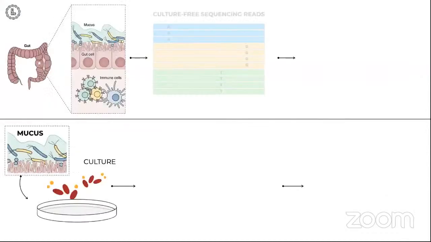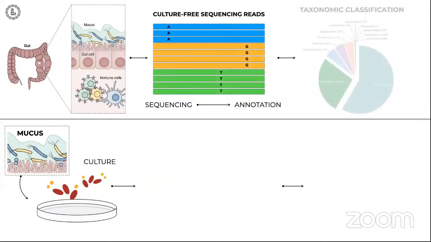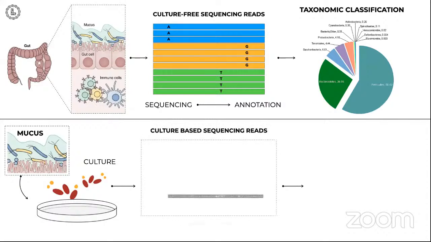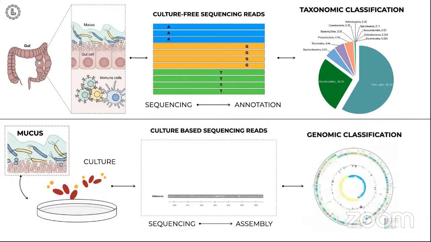And so here you can see an example of two ways of studying the microbiome, either looking at operational taxonomic units so that we can characterize the composition, or culturing and still using sequencing to understand what amount of different areas in this genome are being produced.